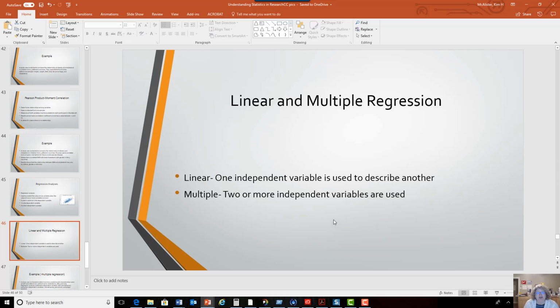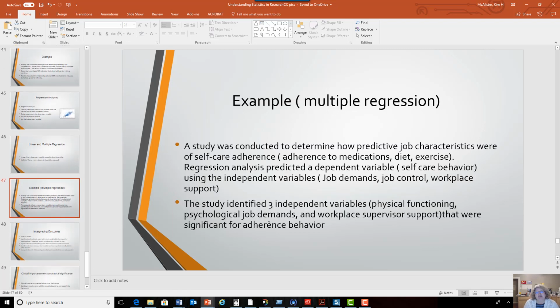Linear and multiple regressions: linear is used when one independent variable is describing another. Multiple is when you're looking at two or more independent variables. An example of a multiple regression would be a study conducted to determine how predictive job characteristics were of self-care adherence.